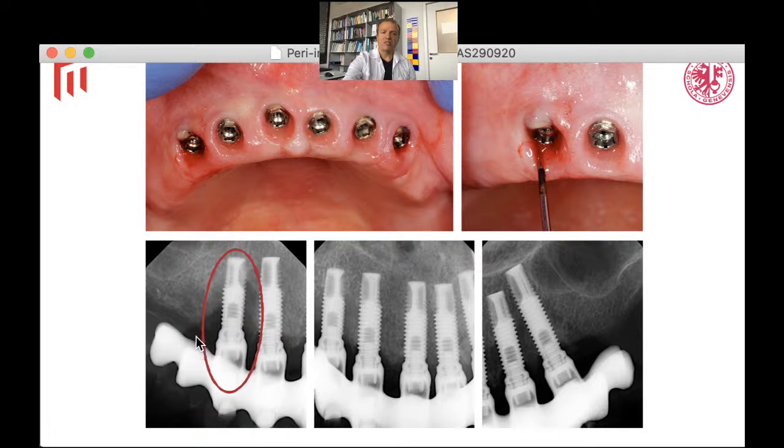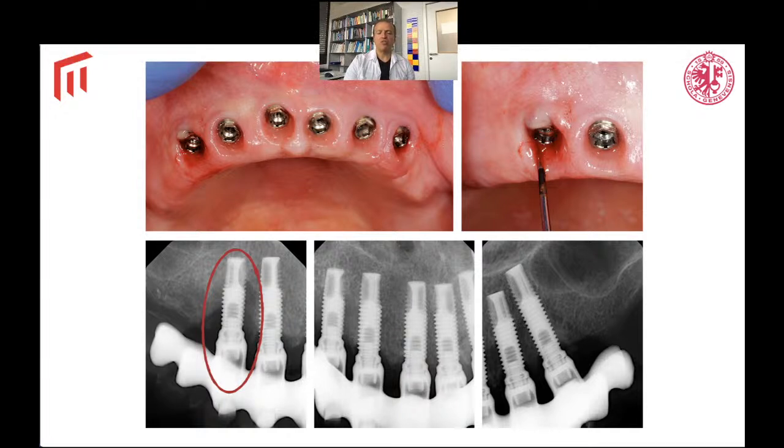So in this case, the reasonable solution is to take off the implant, maybe cut off the one tooth, one of the hanging elements here. Then the patient will keep the same prosthesis, maybe with one tooth shorter. It's not necessary that the prosthesis has to be removed. It depends a little bit on the distance between the last implant and the last cantilever, and then in a very fast and efficient way the problem is solved.